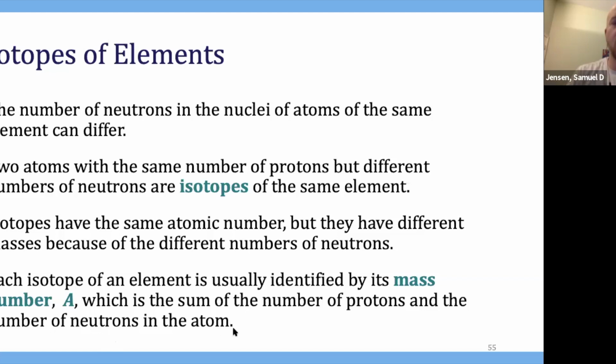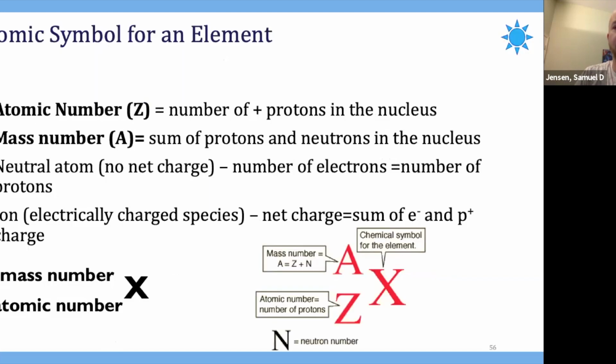Again, the mass is predominantly looking at atomic mass units made up of neutrons and protons. And this is the atomic symbol or isotope designation that you're only going to see in this chapter for right now, for these specific questions on this test, and then we won't use this again.